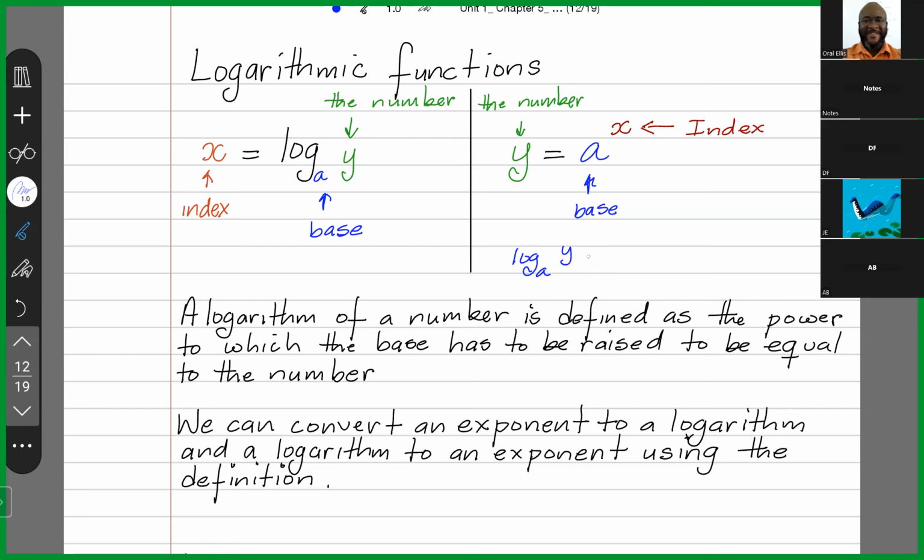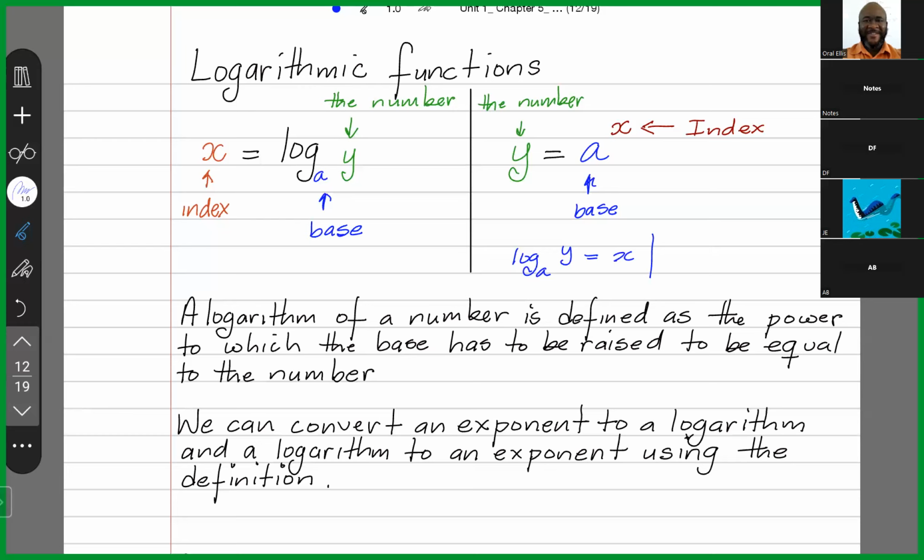This is a very important definition, because moving between the log form and the index form depends on your knowledge of it.